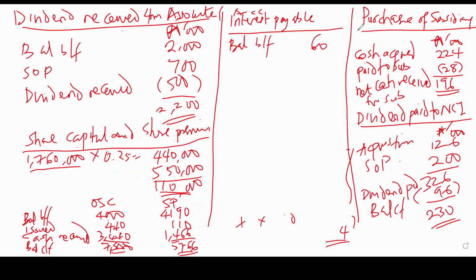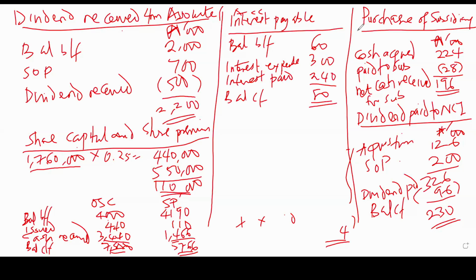The addition, or interest expense, which you can trace to the SOPL, was 300. Meaning that my balance carried forward should have been 360. But when I look at my balance carried forward, what I see there is 80. 360 minus 80, it means we paid interest. Interest paid: 240.